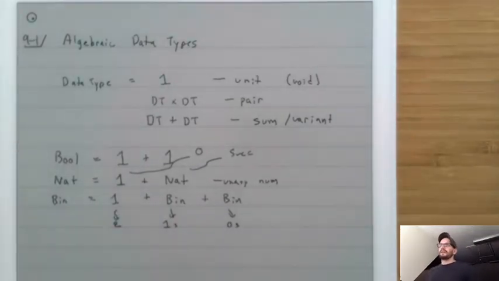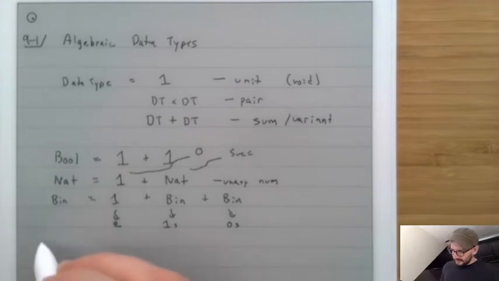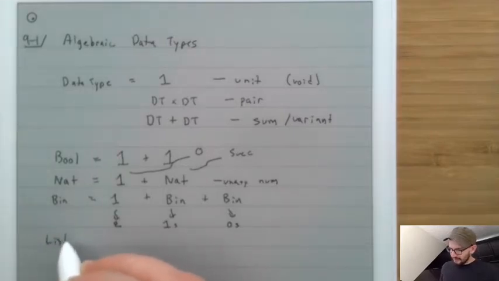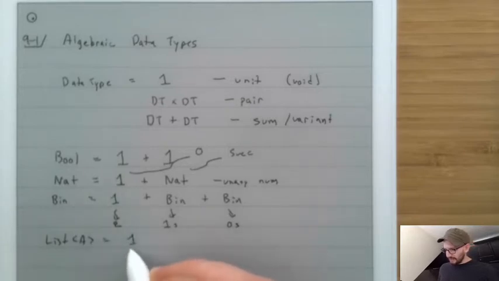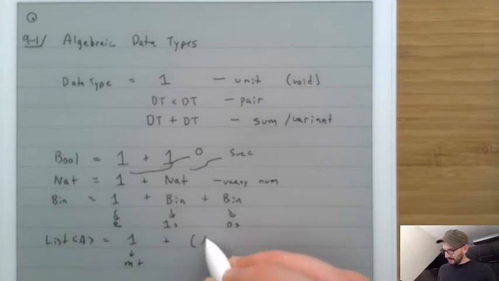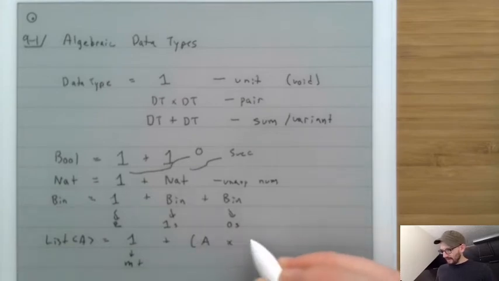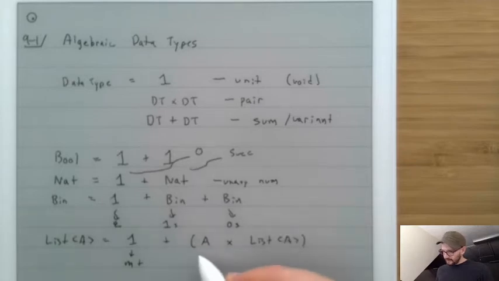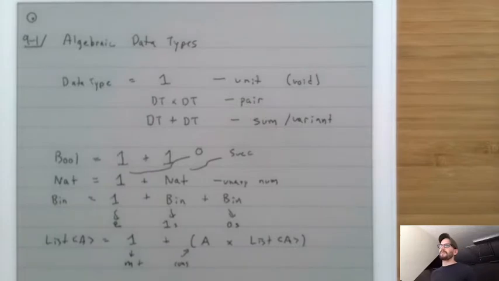Okay, then you can think about something like a list. Imagine that we had a list of something, we'll call A, and that would be either the empty list, or it would be a pair of an A paired up with another list of A's. This right here would be like a linked list cons node. What about a binary tree?